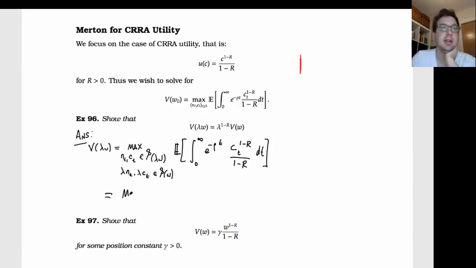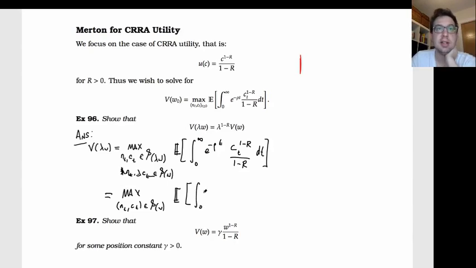Okay, so here, instead, I'll be doing a maximisation over, in this form, n(t), c(t), belonging to the initial wealth W, okay? And what I can do, in order to rephrase it as it was here, I just multiply everything by lambda, okay?